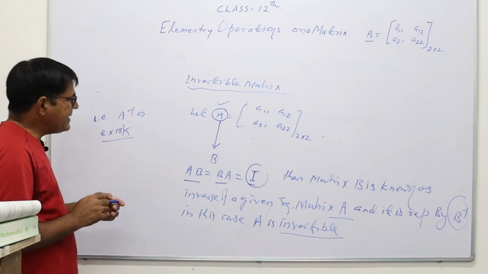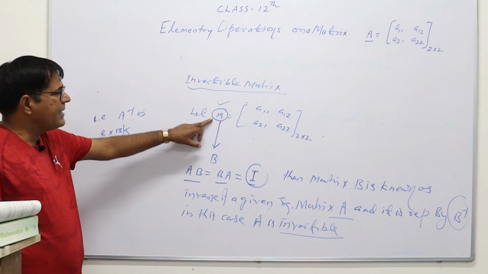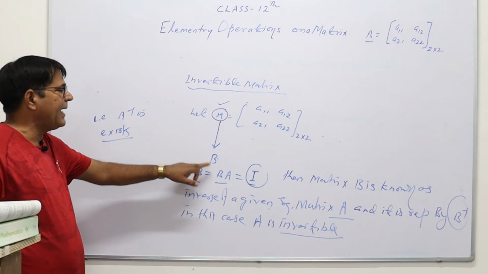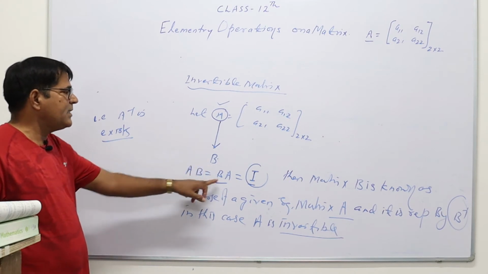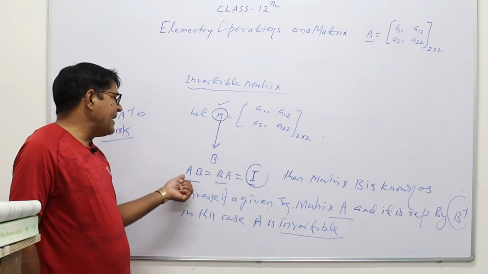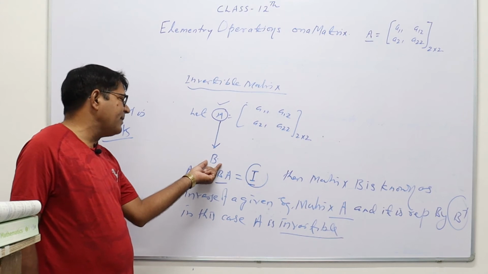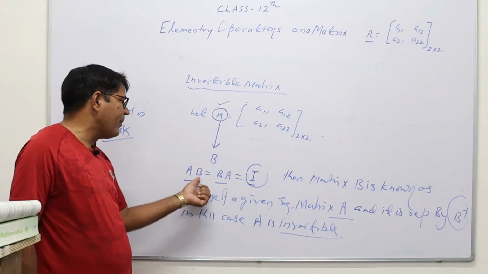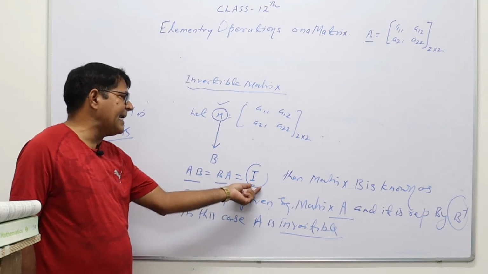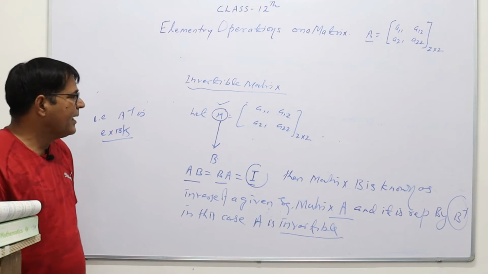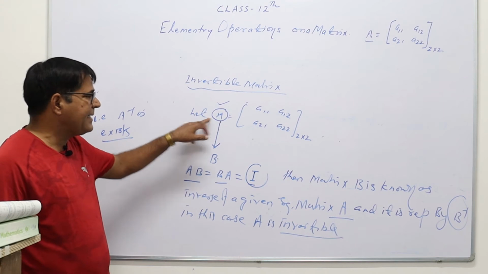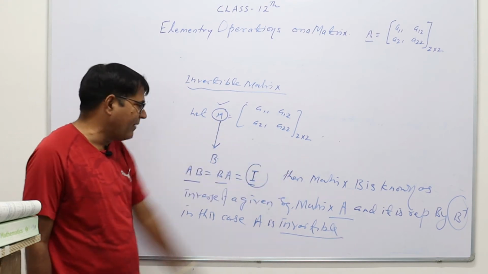So what is this? Let A be any given square matrix, and for the given square matrix A, if there exists a matrix B such that AB equals BA equals the identity matrix, meaning for the given matrix A, if there exists some matrix B such that when I multiply A with B or B with A, the result is the identity matrix of the same order, then B is known as the inverse of the given matrix and it is represented by A inverse.